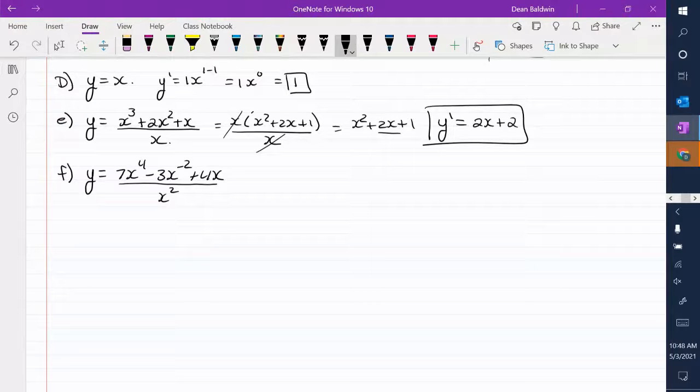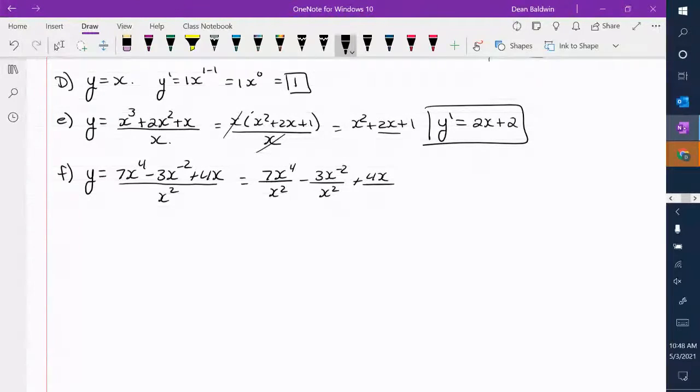Most people don't really recognize that you can factor that. So if you have a single denominator, what you can do is rewrite it like this. Just like the limit stuff, we're adding, we're subtracting, so that denominator goes to everything. And then you simplify.